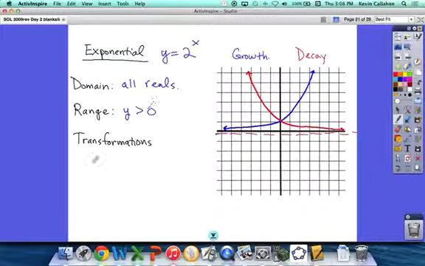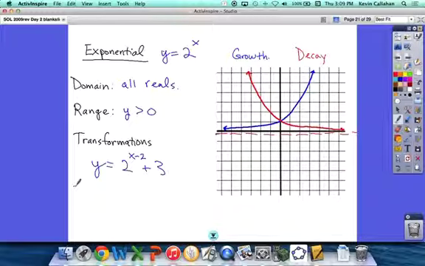Now, what if I had y equals 2 to the x minus 2 plus 3? What is the shift because of the minus 2 inside the function? Right 2. What is the shift because of the plus 3? Up 3, okay? Which one of those is going to move the asymptote?